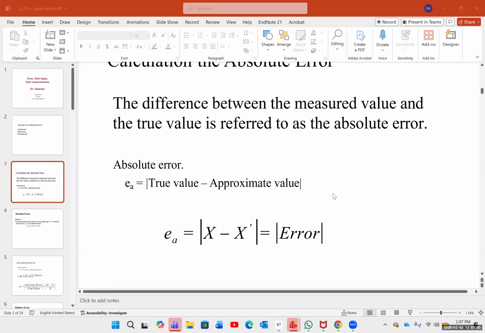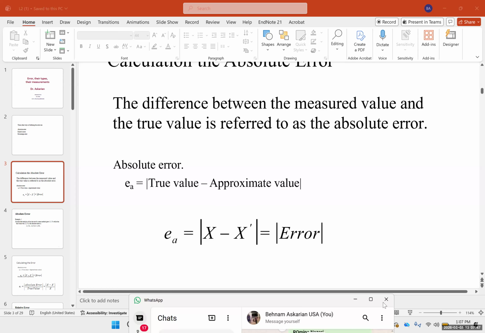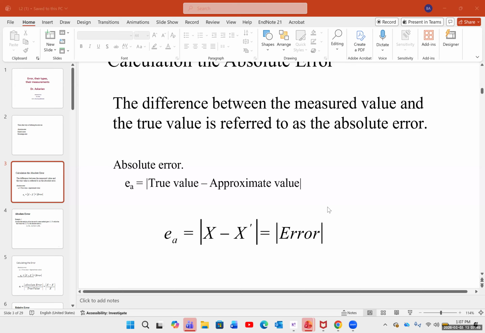So, for example, if you're measuring the room temperature, you can measure it 50 times in a minute and calculate the average, and that would be your true value. And if you subtract that from the measured value at that time, then you get the absolute error.